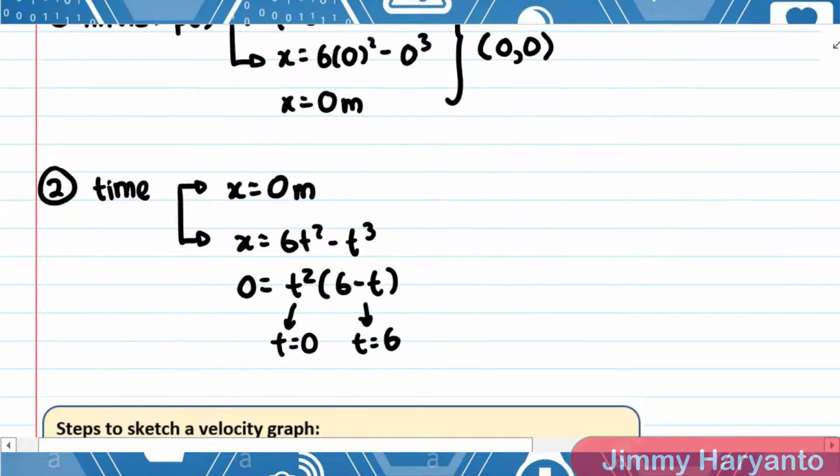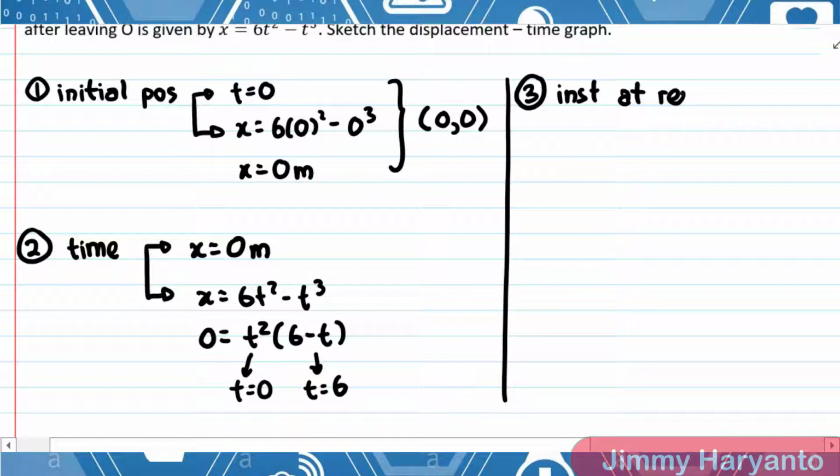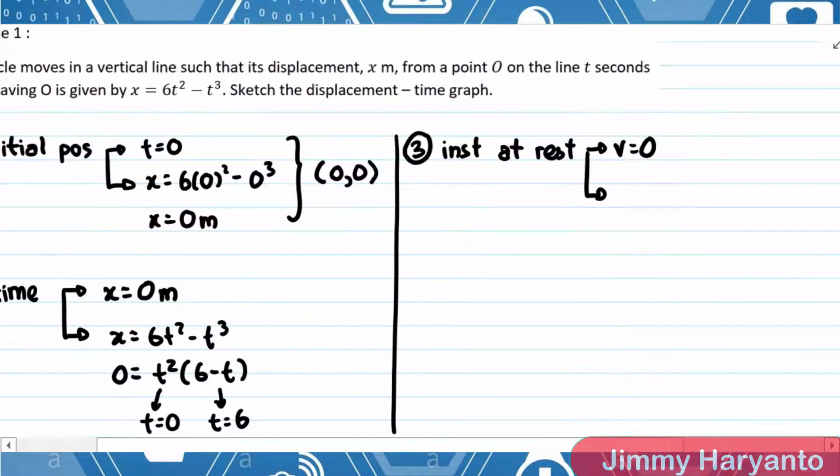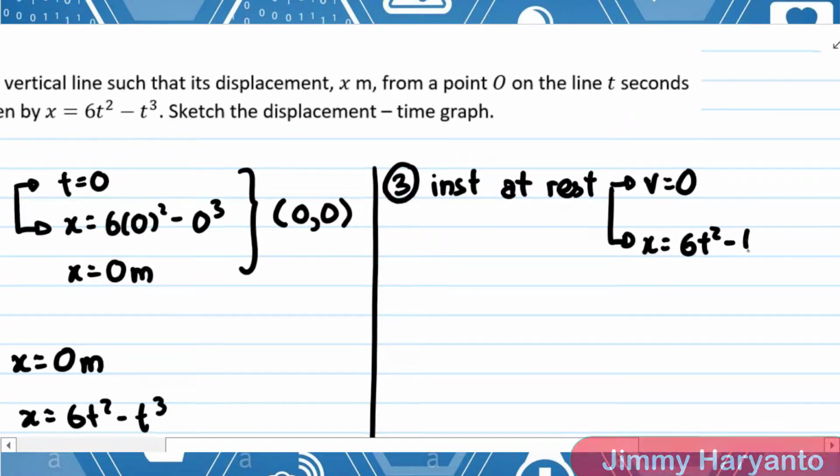And number 3, you have to find the instantaneously at rest. Instantaneously at rest means v equals 0, and because we don't have the equation of v, we will find it first by differentiating the x.